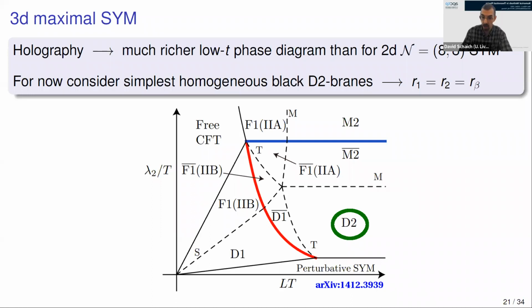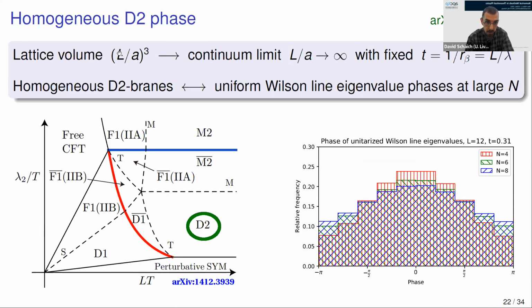We will just be focusing on the simplest phase, this D2 phase of holographic black 2-branes that I've circled in green, which corresponds to working on symmetric lattices of volume L³ and taking the continuum limit by extrapolating the number of lattice sites to infinity with a fixed temperature that then gives us a fixed spatial extent.